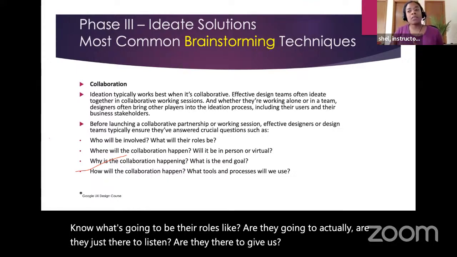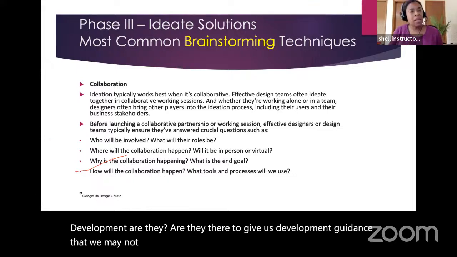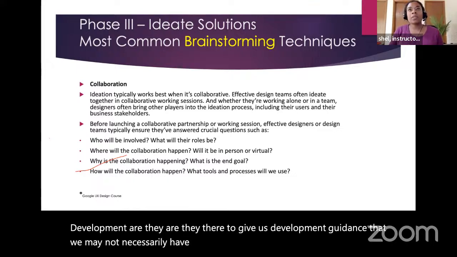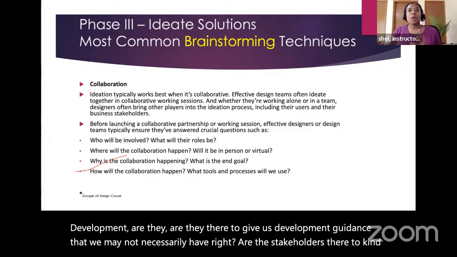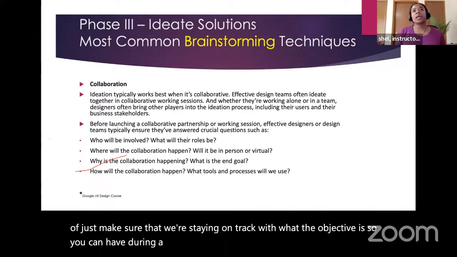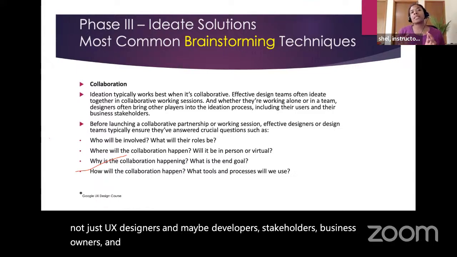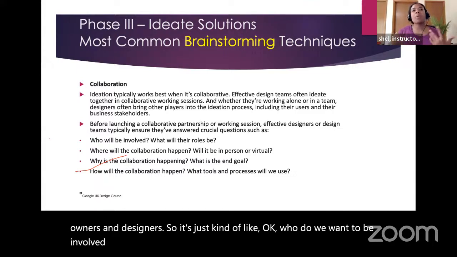Are they there to give us development guidance that we may not necessarily have? Are the stakeholders there to make sure that we're staying on track with the objective? During the brainstorming session, you can have a room that's not just UX designers, but developers, stakeholders, business owners, and designers. So it's just, who do we want to be involved in this process when we look at a challenge?